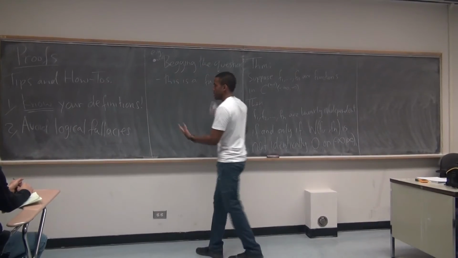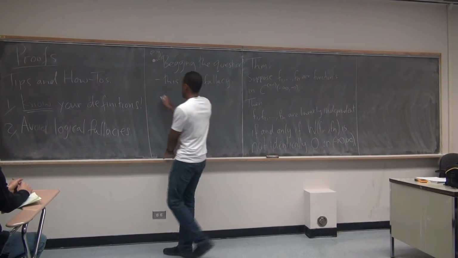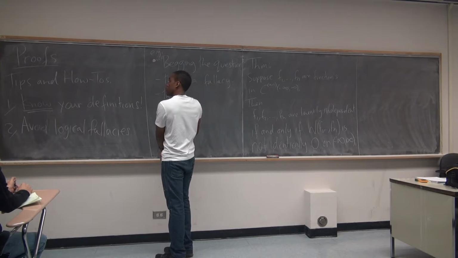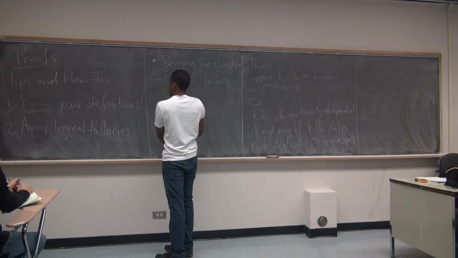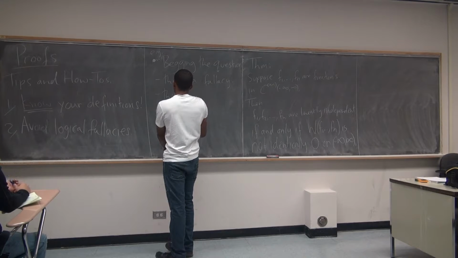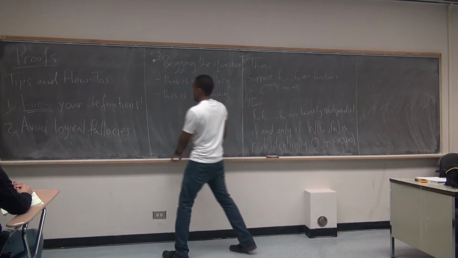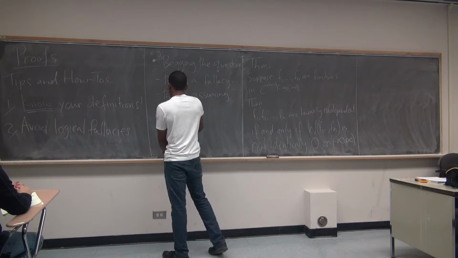You can't do it. It doesn't work. Does anyone know what begging the question means? No, I didn't say begging for questions. Begging the question is assuming what you need to prove.